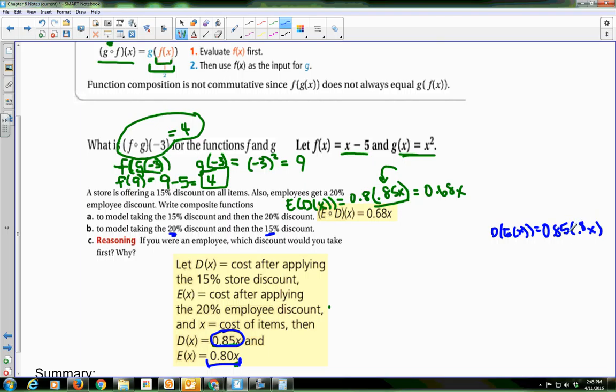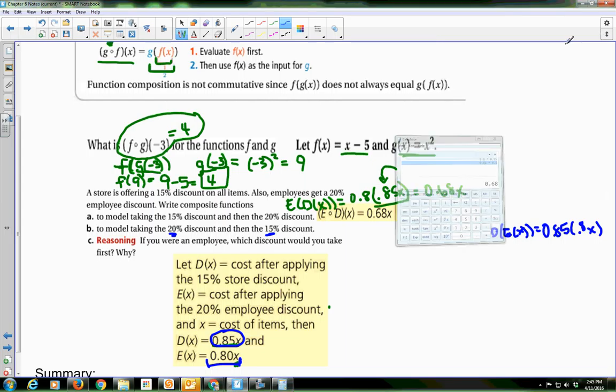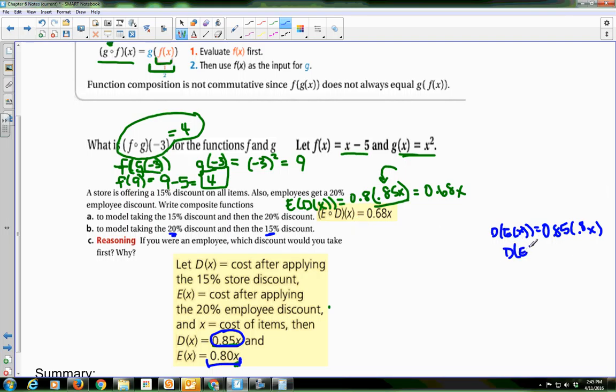Then I do the multiplication, 0.85 times 0.8, and I get 0.68. So d of e of x equals 0.68x. If you were an employee, which discount would you take first and why? The total discounts are the same, so it doesn't matter which one you take first. You get 68% off both ways.